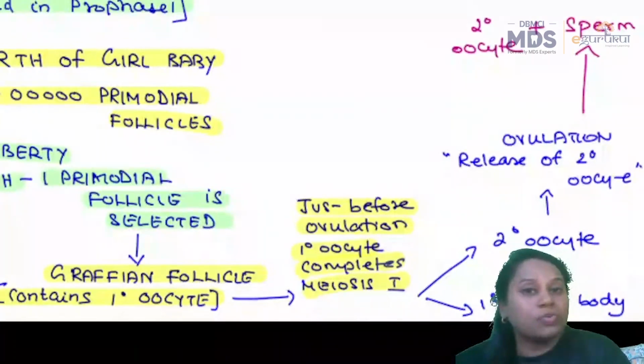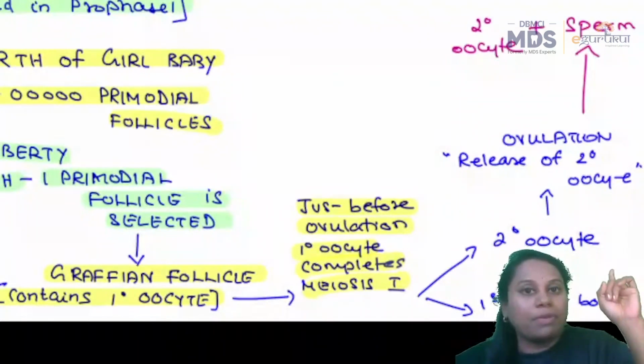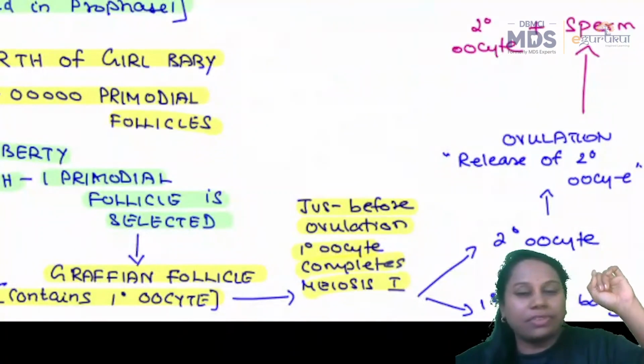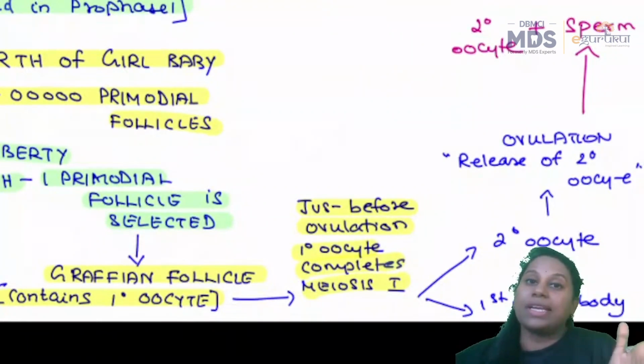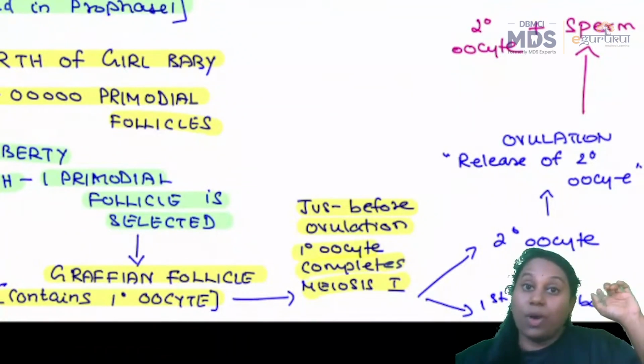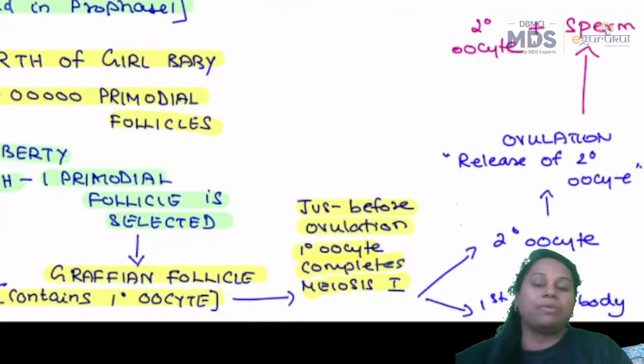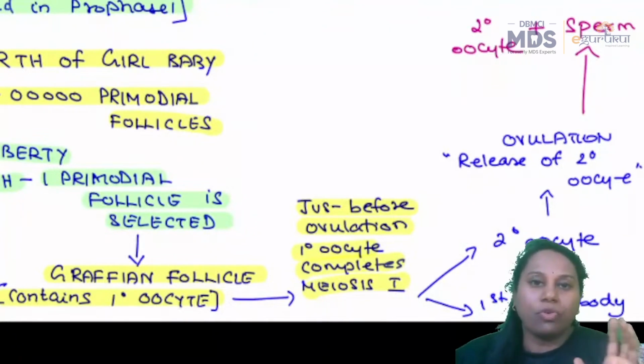When was this meiosis 1 started? You remember, at 28 weeks of gestation, when the baby was inside the mother, this was started. But there itself, it was arrested in prophase 1. The one which was arrested there again completes meiosis 1 just before ovulation.